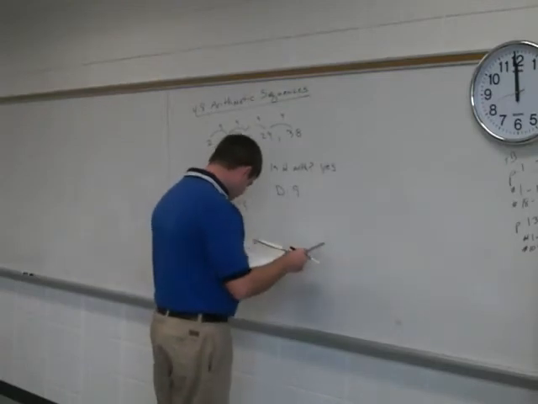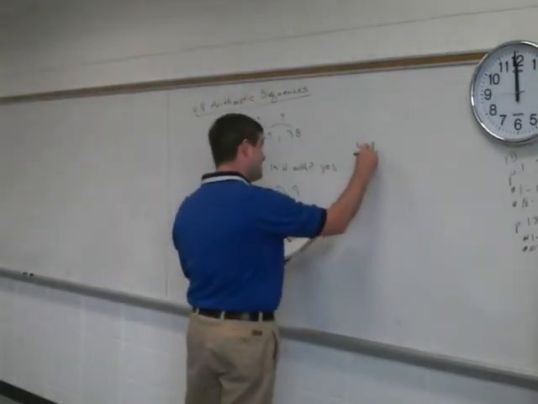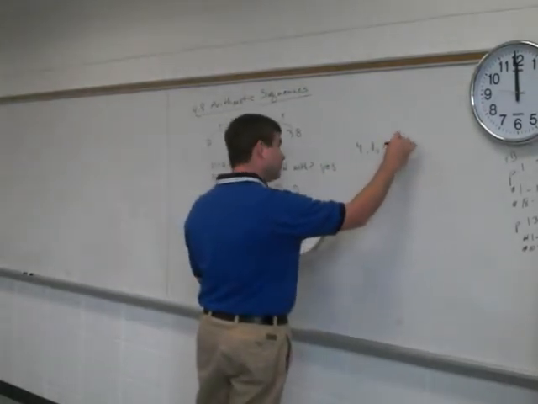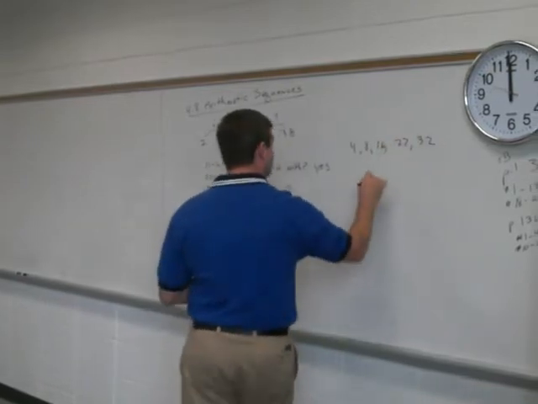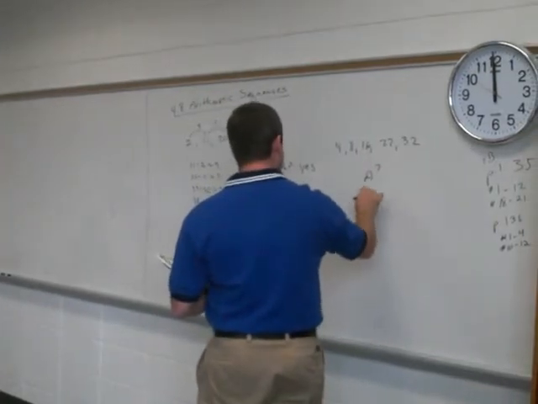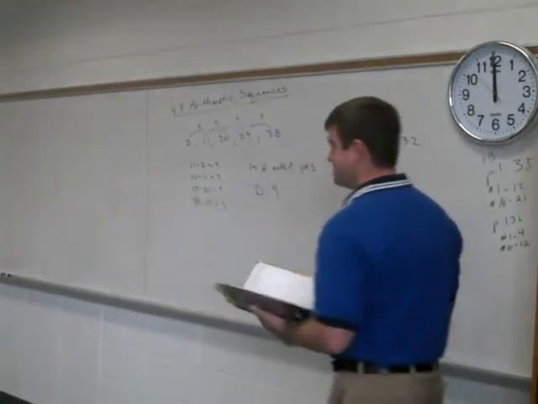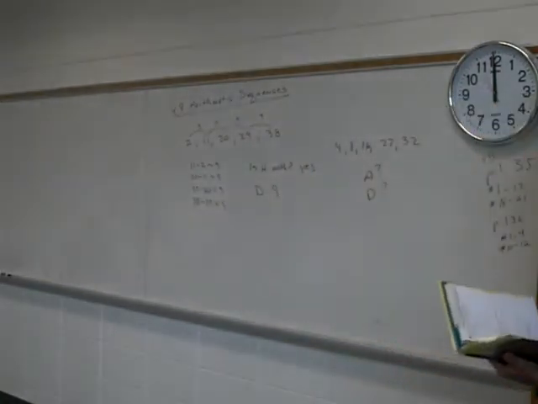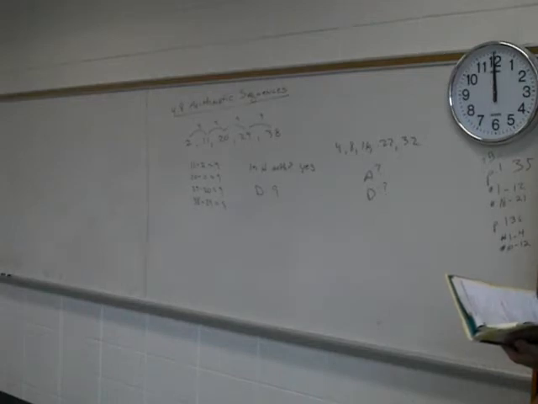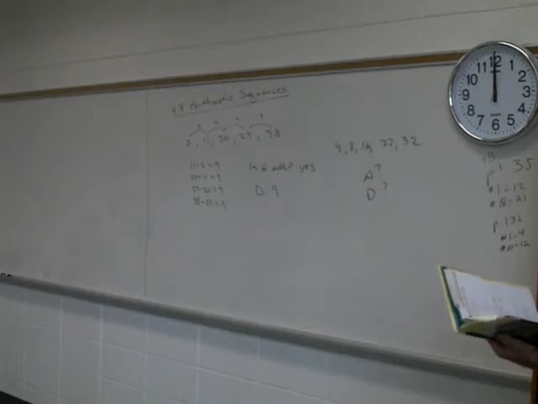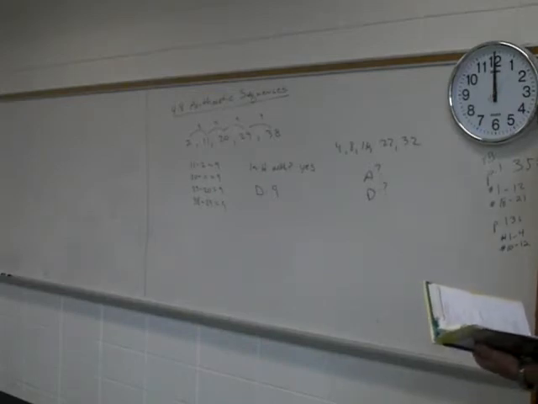Let's look at another. 4, 8, 16, 22, and 32. So is it arithmetic? And then what is D? Let people figure it out. 4, 8, 16, 22, and 32. So is it arithmetic?